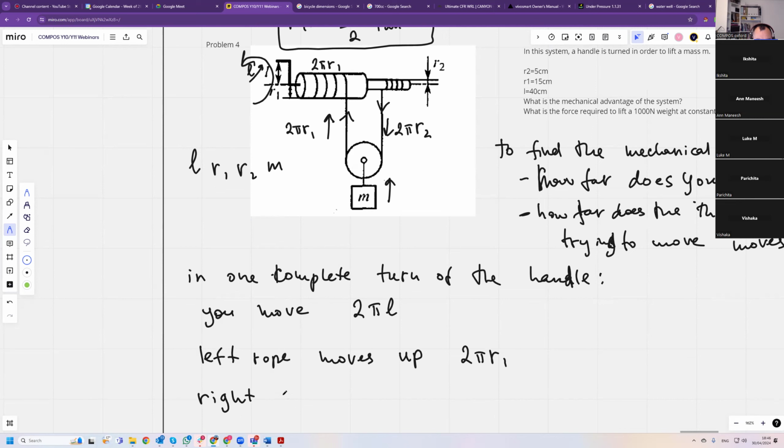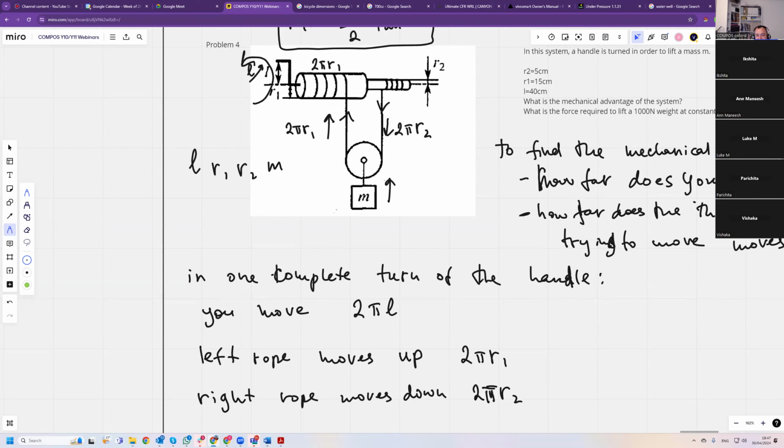The right rope moves down 2 pi R2. Okay.